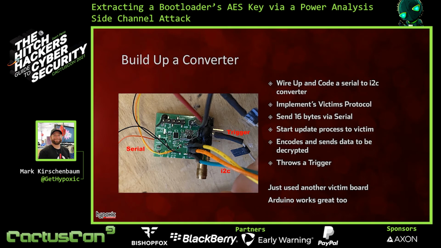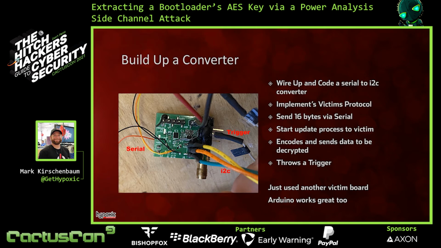We ended up building a converter to help us with basically a glue logic between the ChipWhisperer and our target. This knew the whole update process. It basically converted the 16 bytes the ChipWhisperer was sending us, the 16 fake bytes to decrypt, and put it into that whole protocol that the GoPro was wanting for an update blob. So basically, it was asking for 144 bytes.